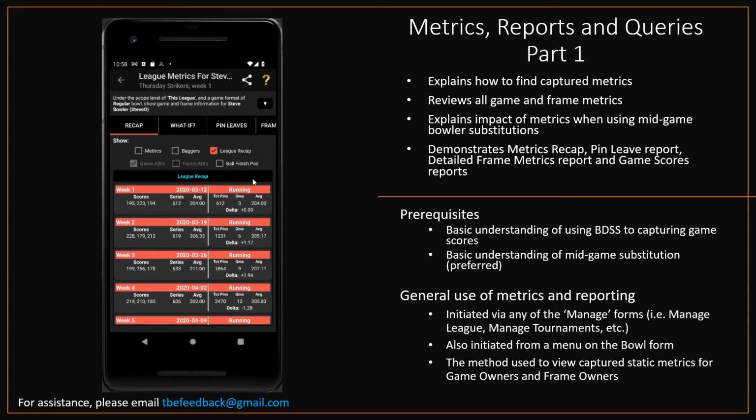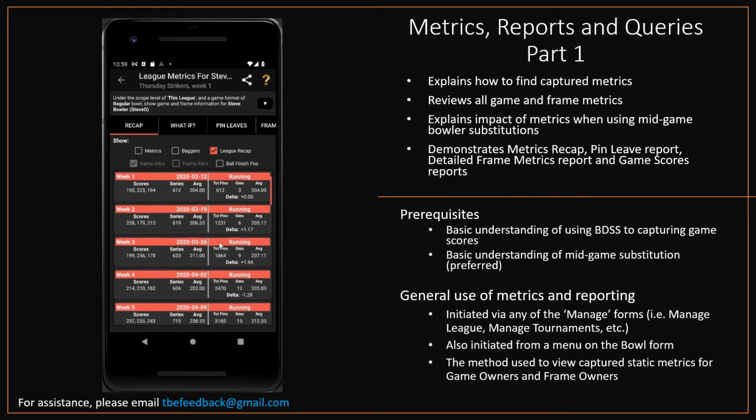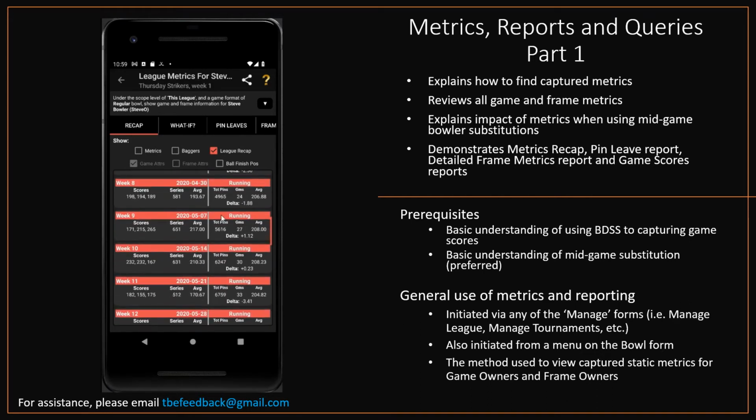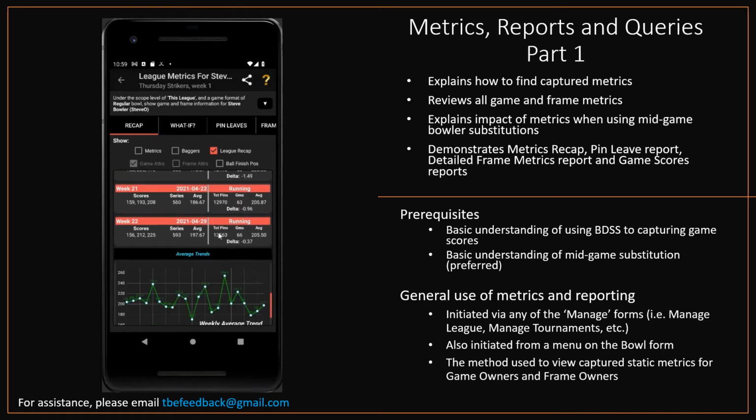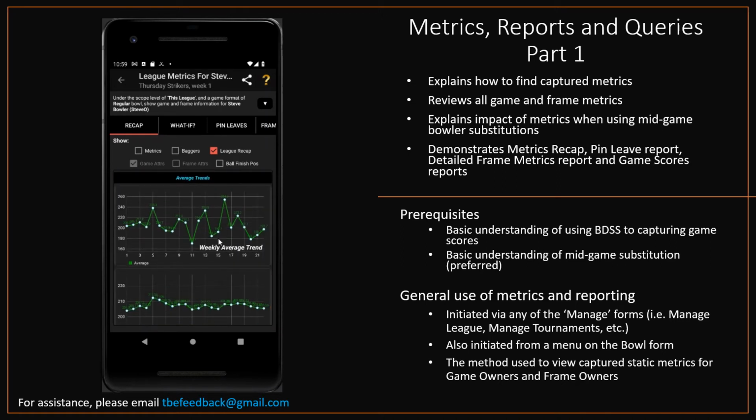For each week, it will show final scores, series, average, as well as running total pins, games, and average. It will also show week-by-week average delta. And if you scroll all the way to the bottom, there are 2 trend graphs. There you go. One showing the weekly average trend and one showing the running average trend.